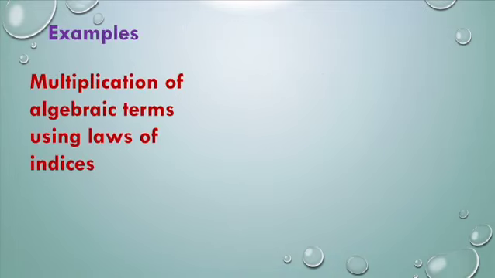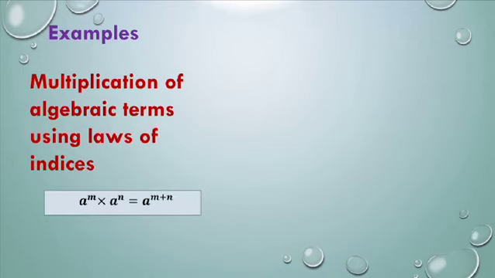We now move on to the next part, but this time, instead of writing in expanded form as we did for the previous two parts, we are going to use the laws of indices. So, if you remember, in grade 7, we had learned about the laws of indices.